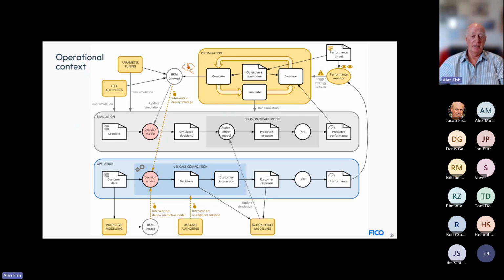Whether optimization is carried out in one block by a specific optimization tool, or whether it's done by a person using some sort of optimization simulation scenario, it's the same basic process that's going on.